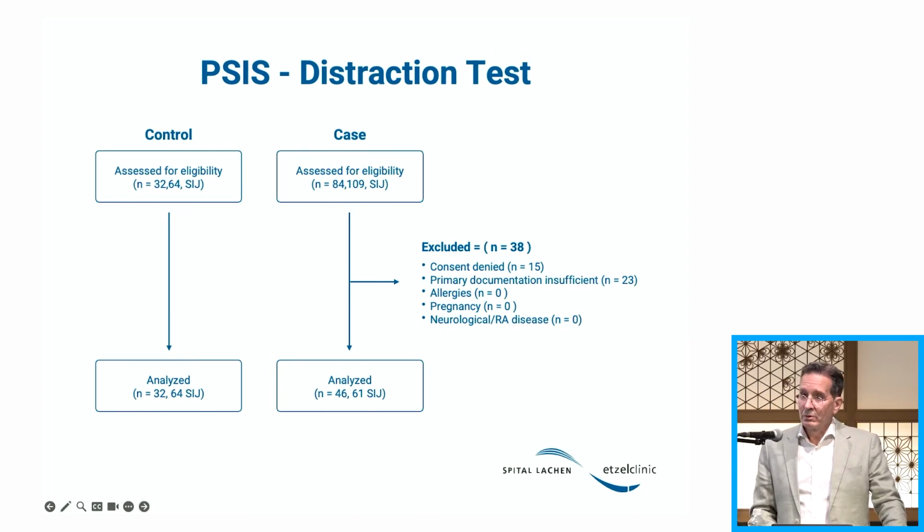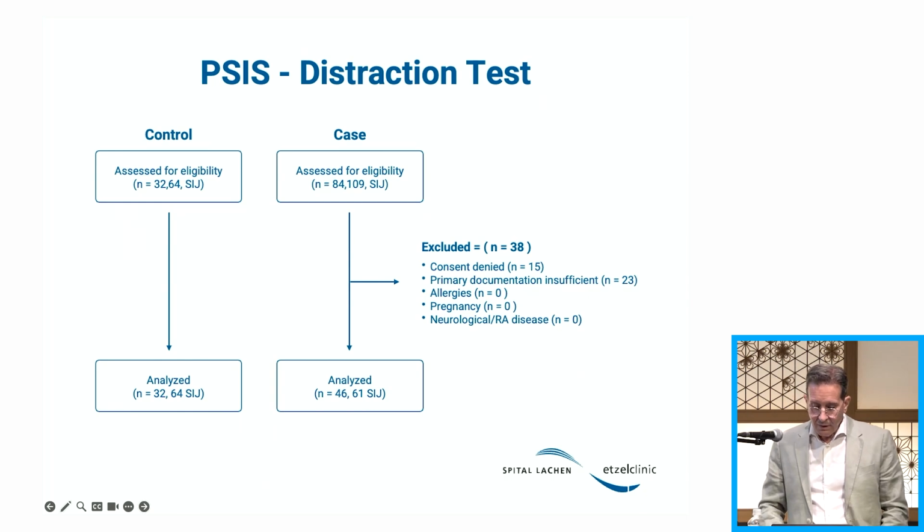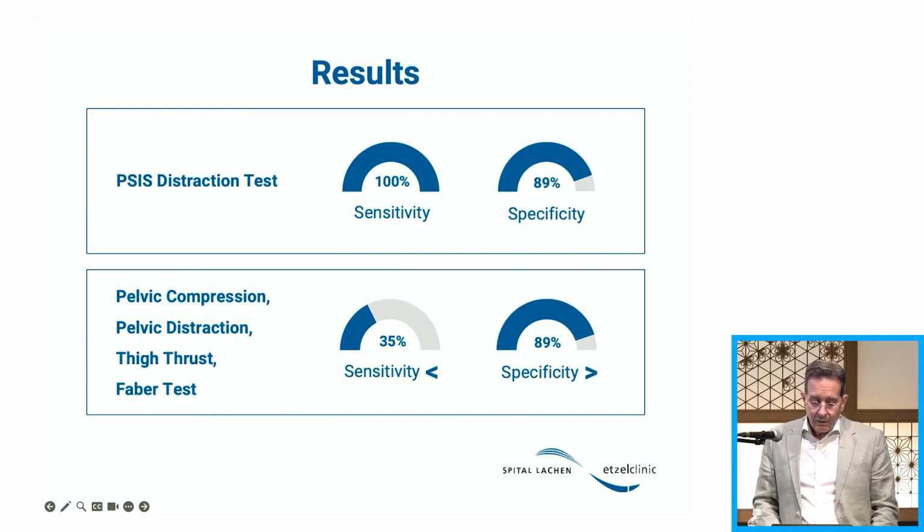And we had a control group who had no history of low back pain, and we did exactly the same tests just to see if someone does not have pain back there, are there certain tests that do elicit pain just because you test them? And the results were quite clear. The test had a sensitivity of 100%.